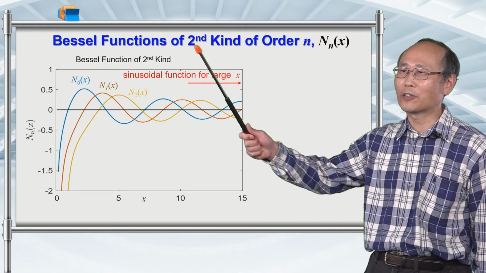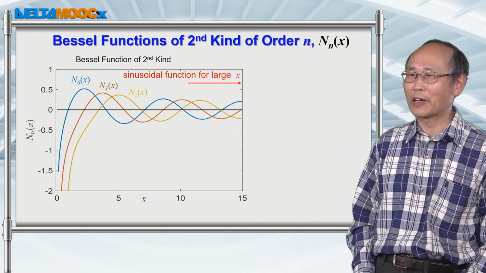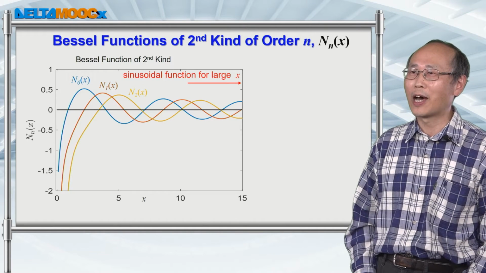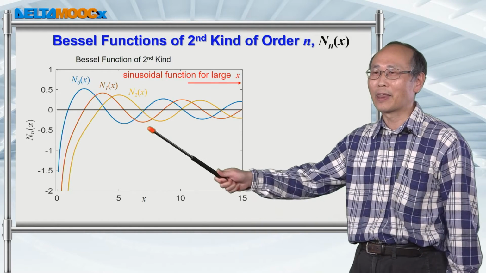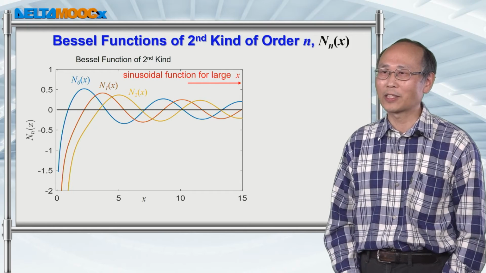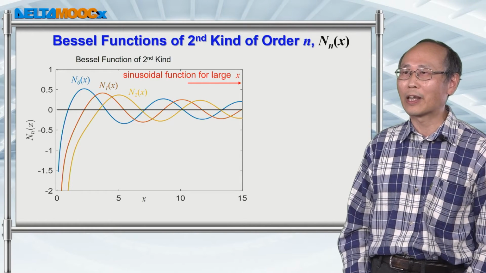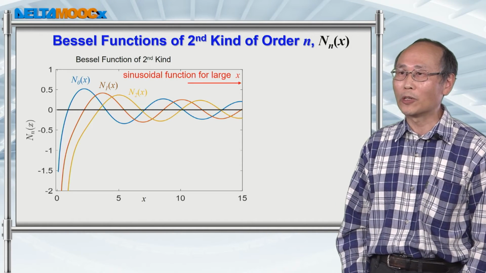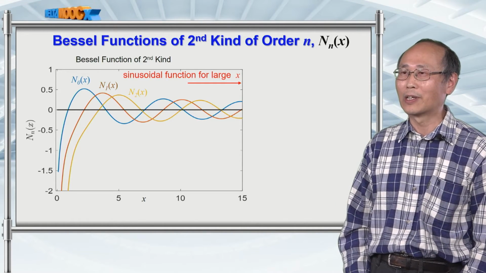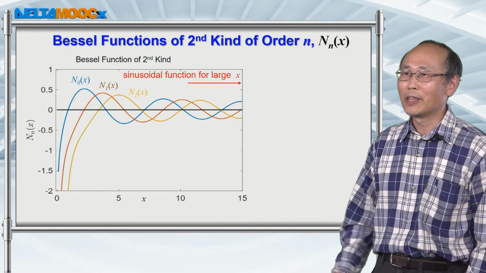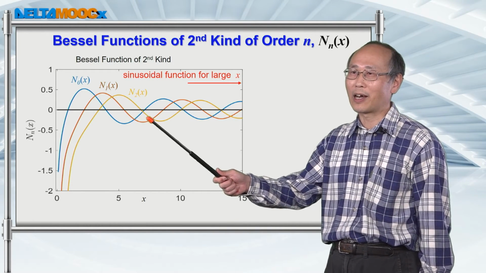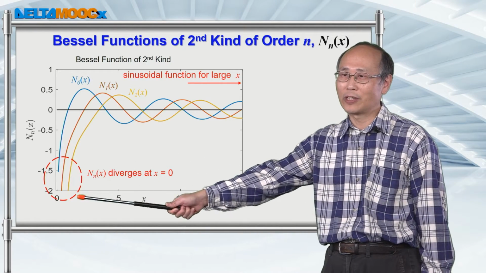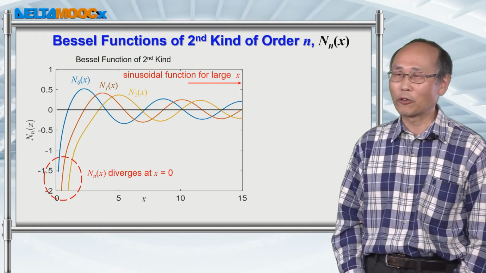Now, let's turn our attention to the Bessel function of the second kind, which is also one of the standard wave solutions. This curve was also shown in lecture 10 in Electromagnetics 1 when we dealt with the Laplace equation for electric potential. The characteristic of this Neumann function is that its value diverges at x equal to 0.